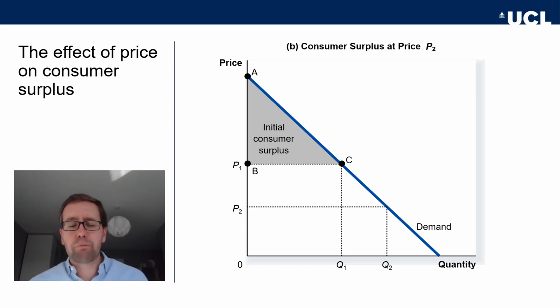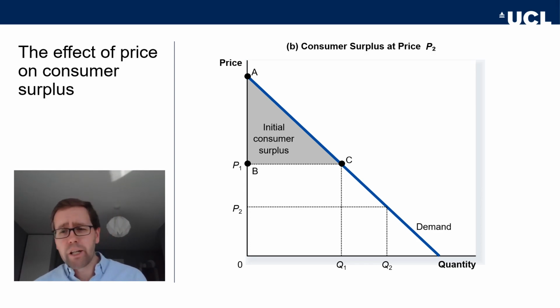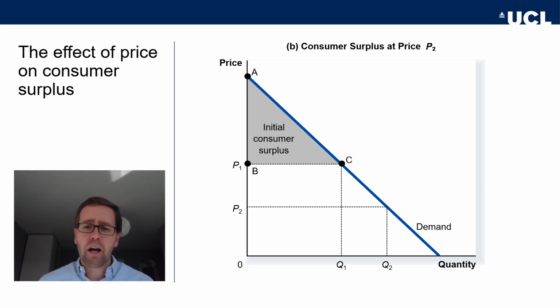Maybe there's another espresso stall, Italian coffee stall that sets up that offers cut price espressos, or there's a shock to coffee prices, and there was a really good harvest, and lots of coffee is available, so the price of coffee has fallen. So what happens then? We go from P1 to a new lower price P2, and that means our quantity demanded increases. Yeah? So more additional people are choosing to buy coffee now.